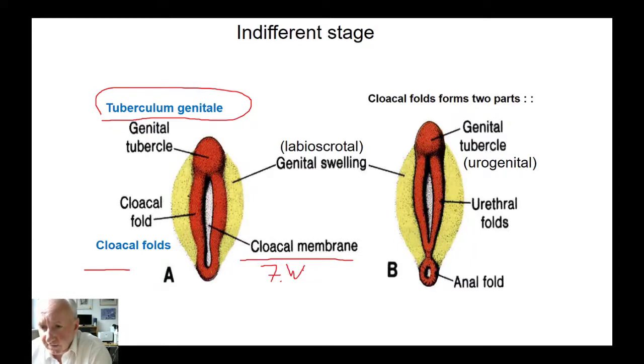The cloacal folds will divide into two parts, the urethral folds and here the anal folds. So there are two parts of the cloacal folds.